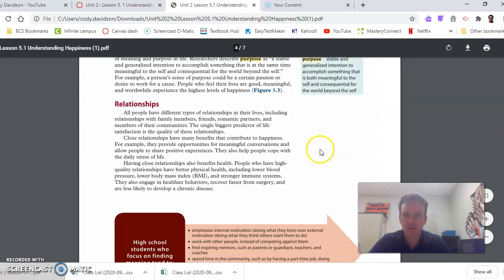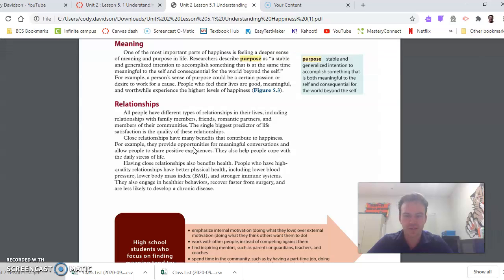Relationships are huge, obviously, and that's not just talking about boyfriend or girlfriend. This is talking about relationships with your parents, your friends, new people that you just met, your ability to make relationships, relationships with teachers, bosses, everything.